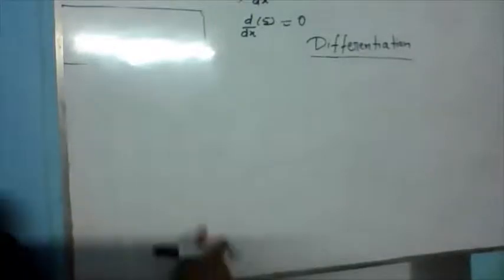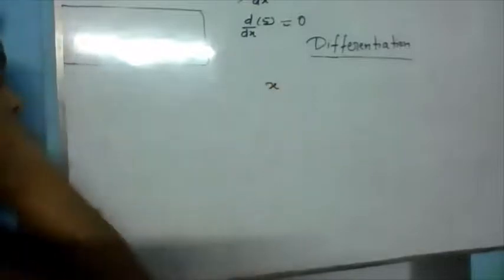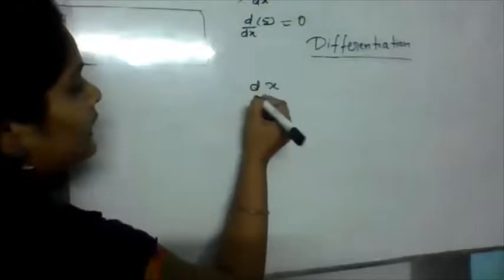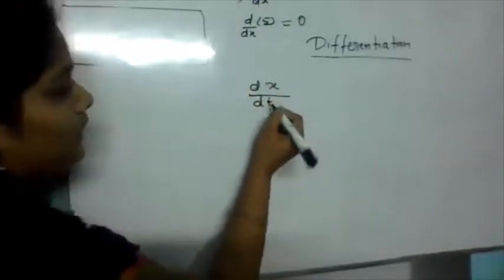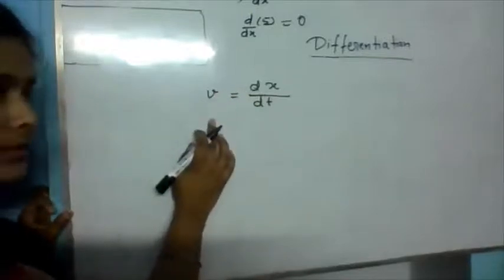Before that, just write down a formula. See, let's take x is the displacement or x is the position vector. And if we differentiate x one time with respect to time, then we will get velocity. Okay.